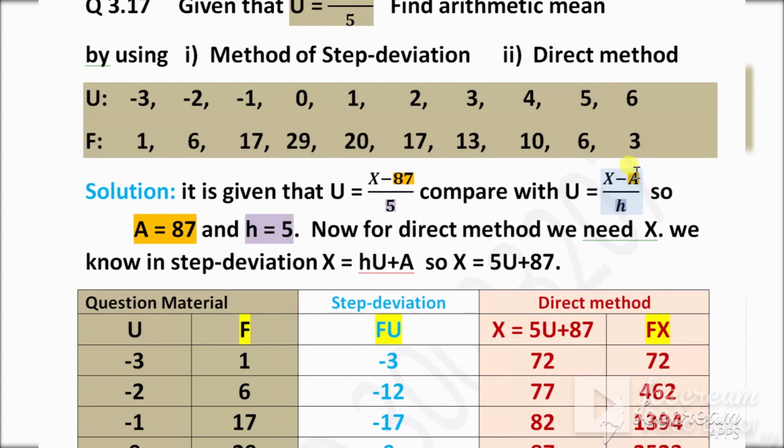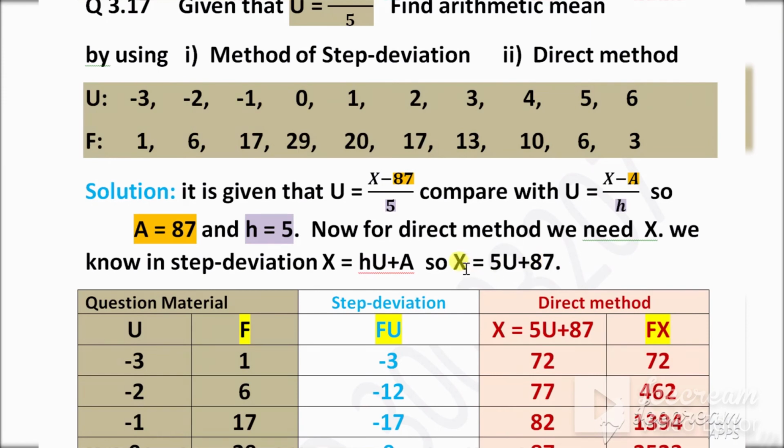Now this minus a moves to the left side and becomes plus a, and you will get x. So mathematically, when you solve this, x is equal to hu plus a. Because h is 5 and a is 87, x equals 5u plus 87.